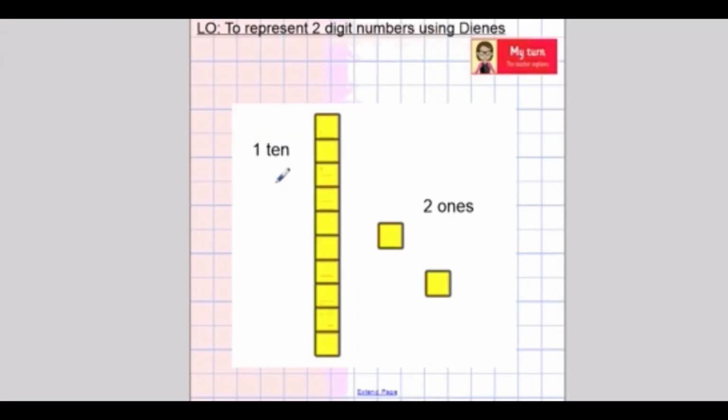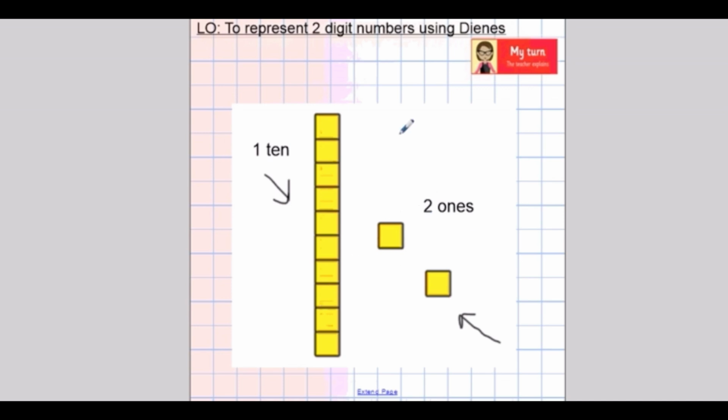So here I have 1 ten and here I have 2 ones. 1, 2. So I've got 1 ten and 2 ones.